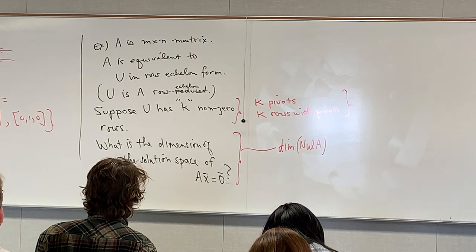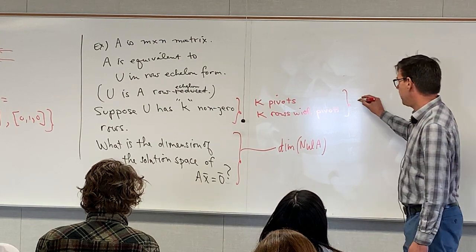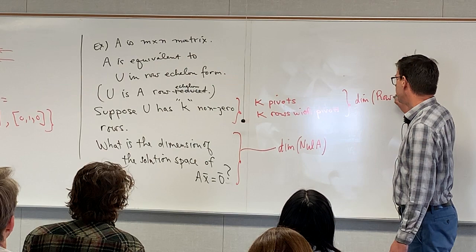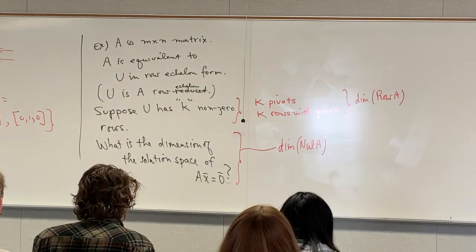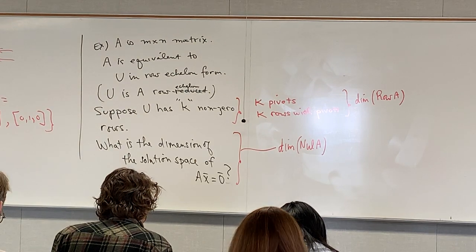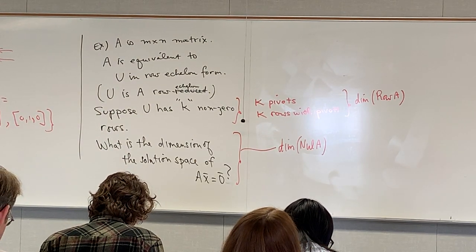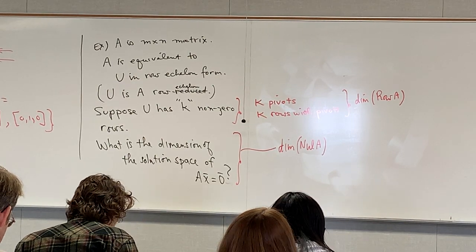What's that the dimension of? Maybe it's a little easier to say first: that's the dimension of the row space of A. You're going to get a basis vector for each non-zero row in that echelon form.